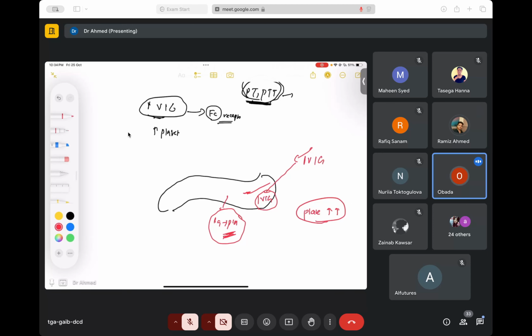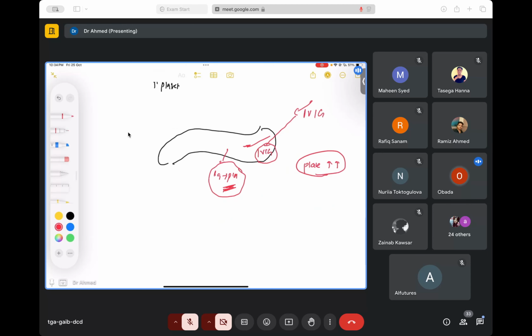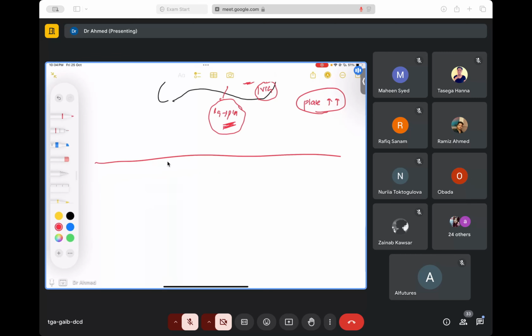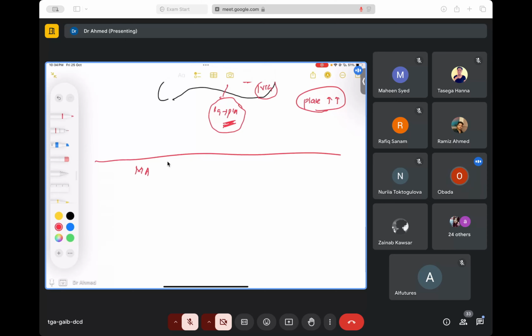Okay. Can you guys tell me about a condition that is MAHA, microangiopathic hemolytic anemia? First of all, you are going to break the name. M stands for micro, A for angiopathic, and then hemolytic anemia.